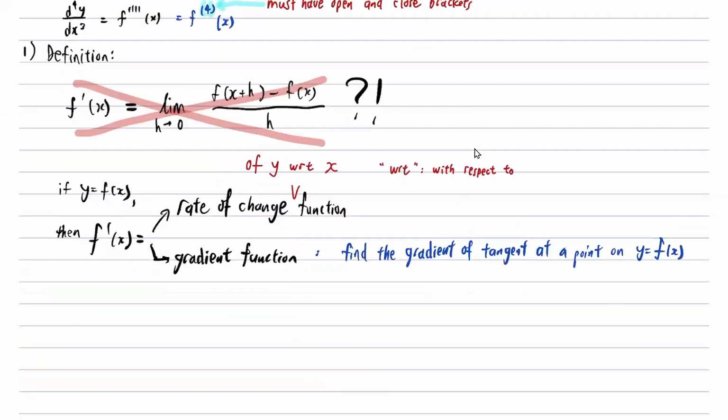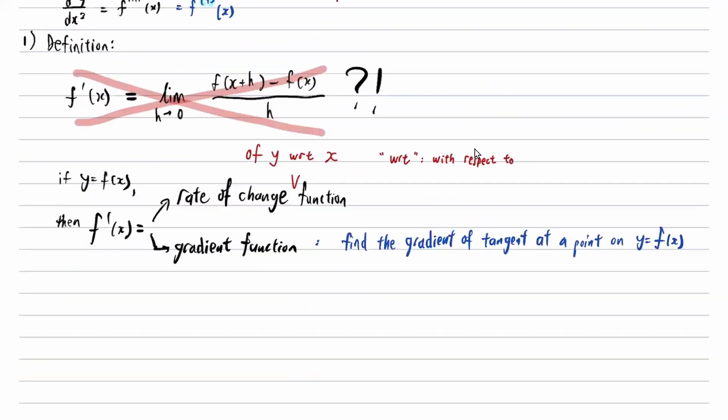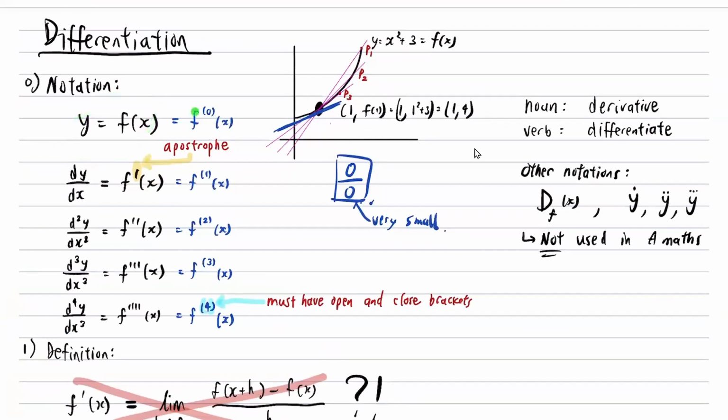First one, the notation. y equals f of x can also be written as f with open bracket 0 close bracket and x. This is just a function you know from remainder theorem and factor theorem, right? Remember? Okay, good. Now I need to introduce some vocabulary. The noun here, derivative. The verb, differentiate. So we start off with a function f of x.